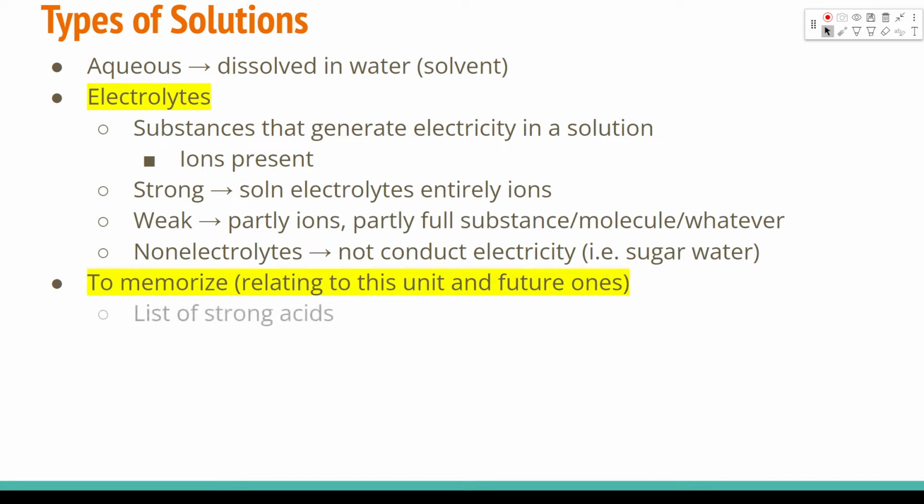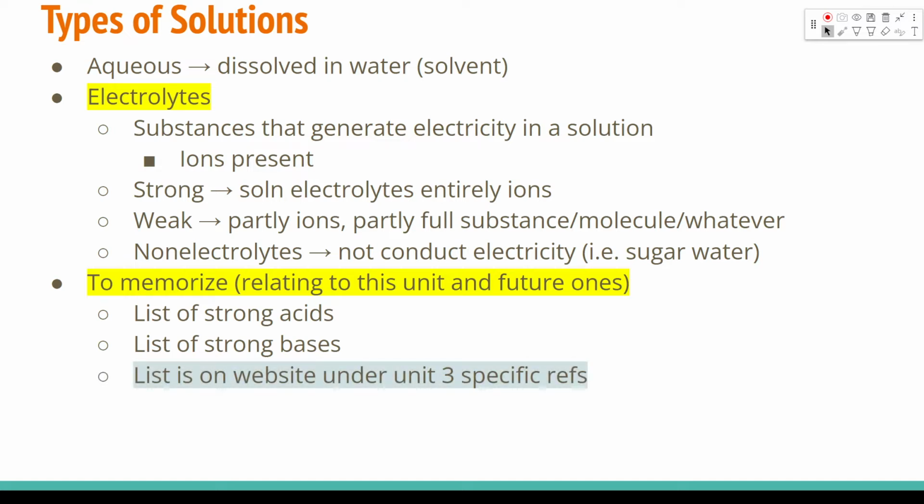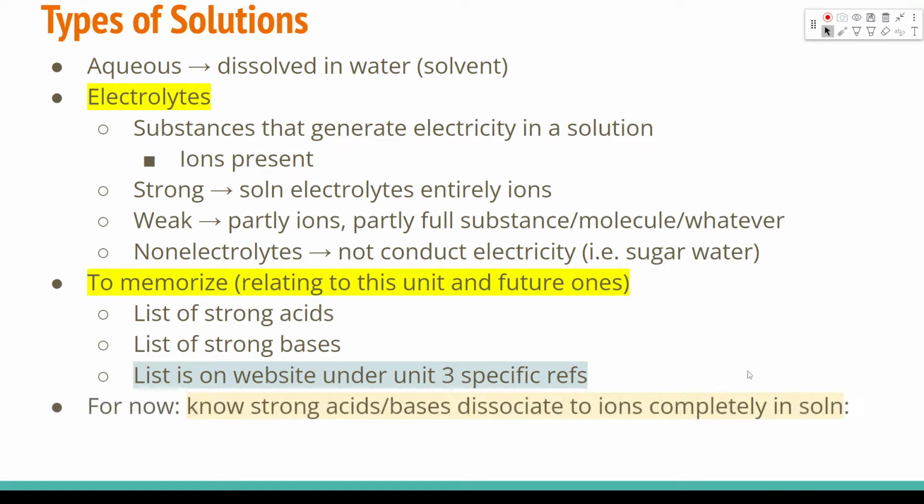You need to know your strong acids and your strong bases. I did not include a list on here for some reason, but I do have it on the website under Unit 3. So find the list of strong acids and strong bases to memorize. We will talk about them some more later.